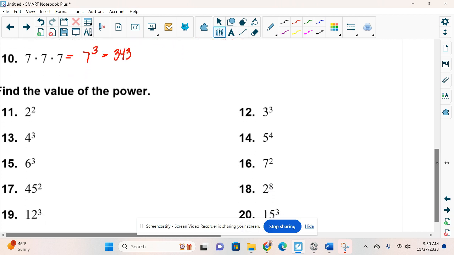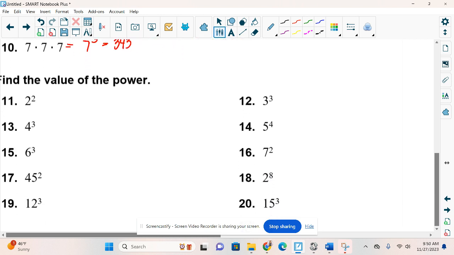All right. This one, you can just solve these. Just tell me what they equal. Like 2 squared, 4 cubed, 6 cubed. This is just practice putting them in your calculator.